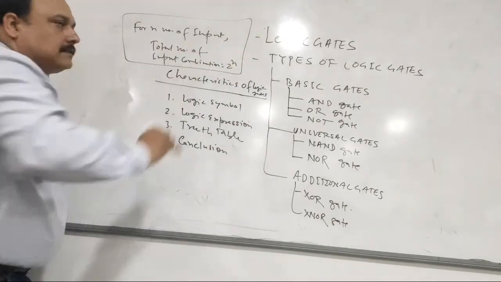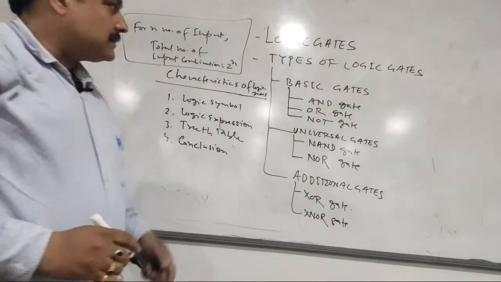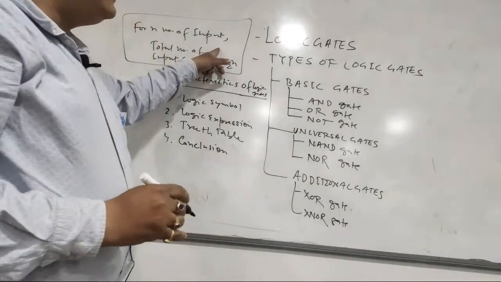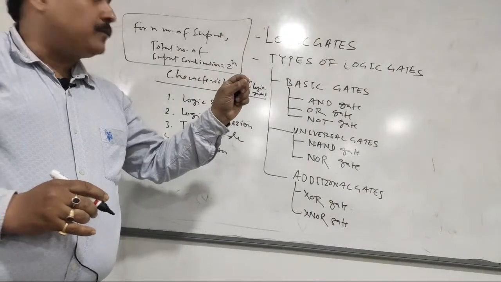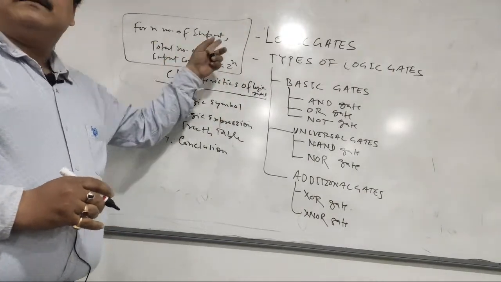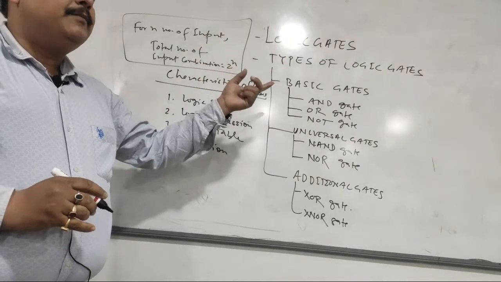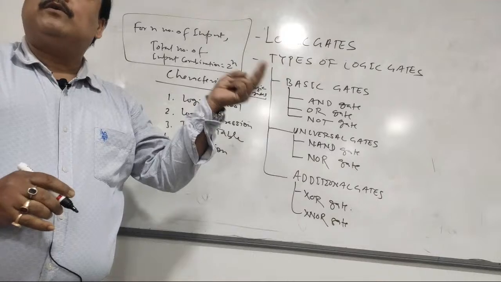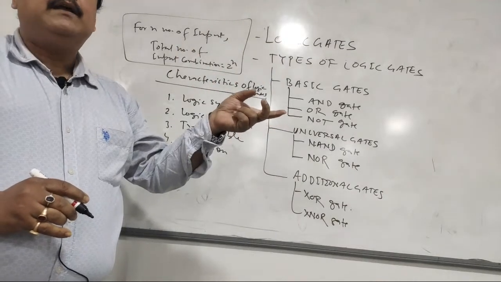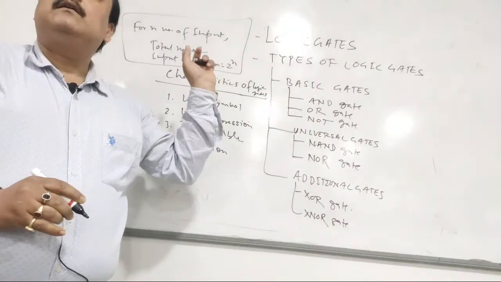So whenever we have to set the input row combination for a specific set of inputs, we consider this. That means if there is one input, 2 to the power 1, that is 2 input row combinations. If there are 2 inputs, we have 4 input row combinations. This is common for all gates.